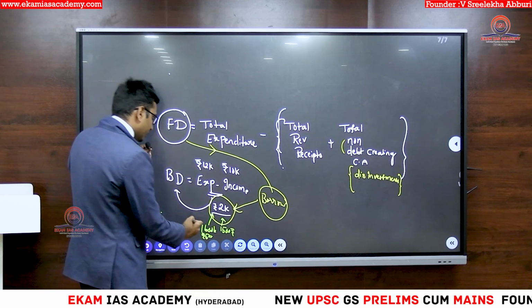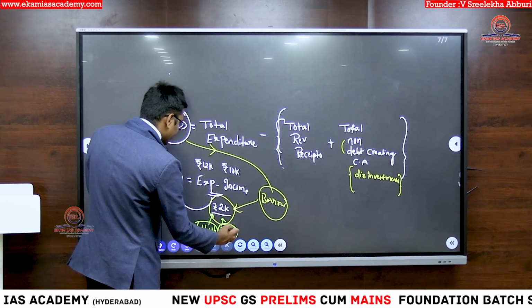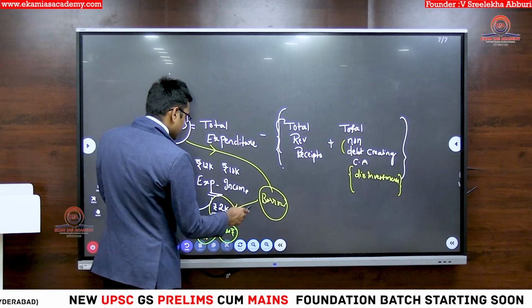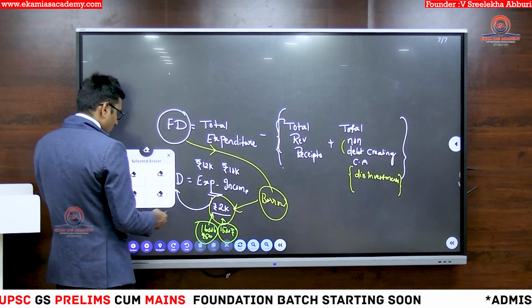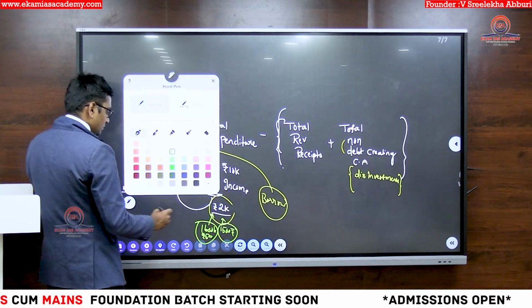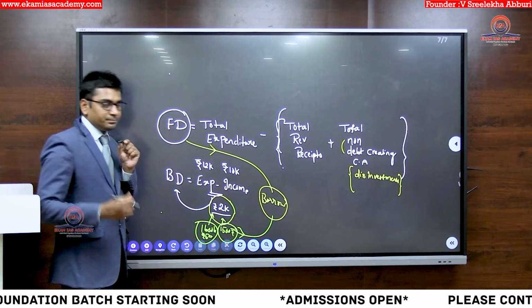Through that you are getting 500. So only 1500 is left. If you are borrowing that 1500, that amount comes as the borrowing amount, and that is known as fiscal deficit.